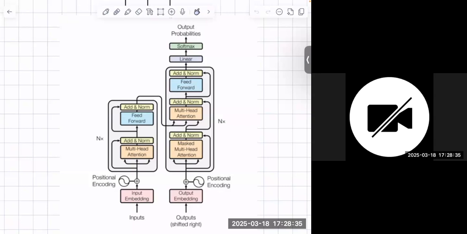I did not explain masking, which will come out soon, and positional encoding. So far what they have done, they said, I don't want any recurrence at all. I'm going with attention. And then they put attention together, they make this multi-attention head, and then they do this encoder-decoder structure.